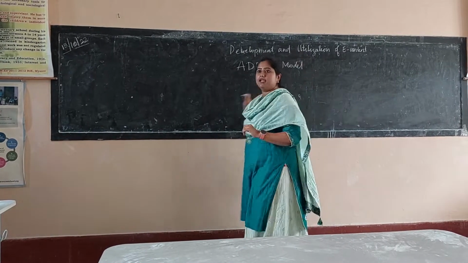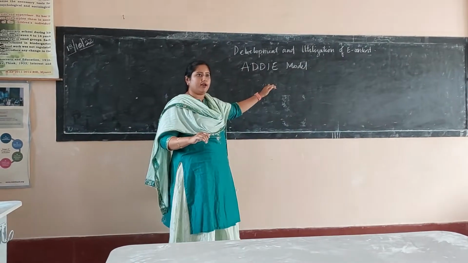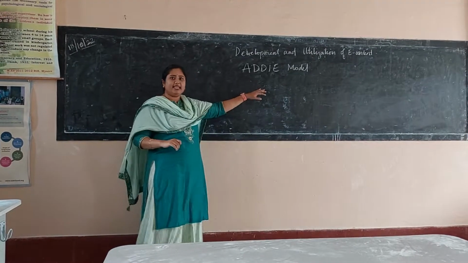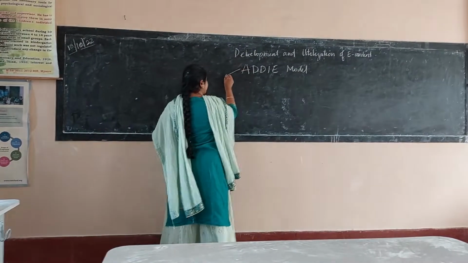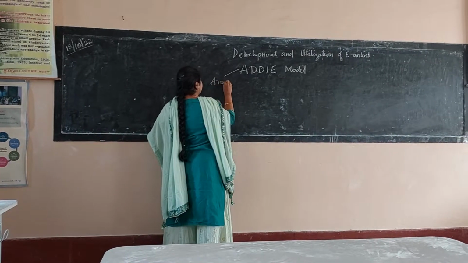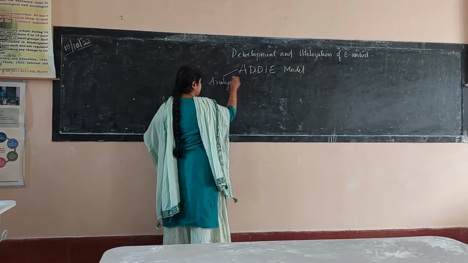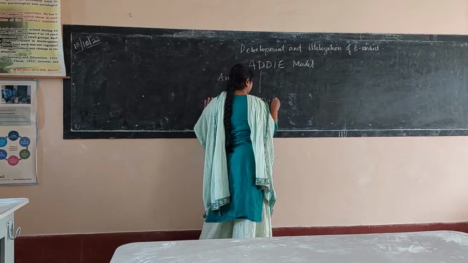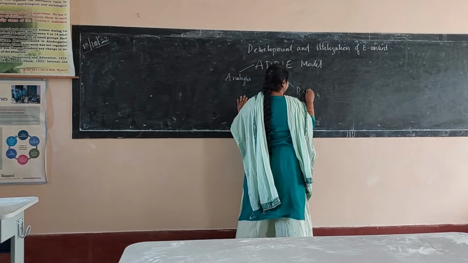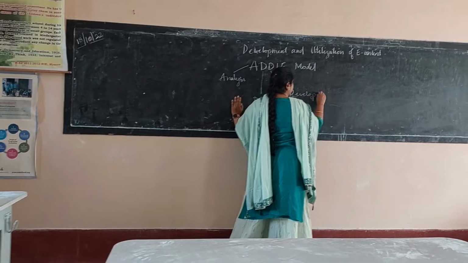This is a model used to develop an e-content. Now ADDIE is an acronym, it's not a word in itself. The first A refers to analysis. The second, D, refers to design. Next, the second D refers to development.